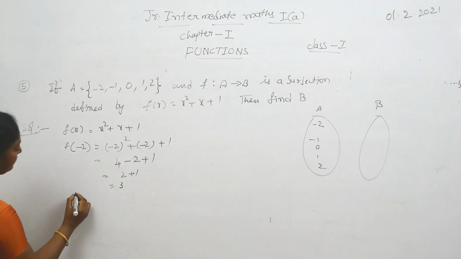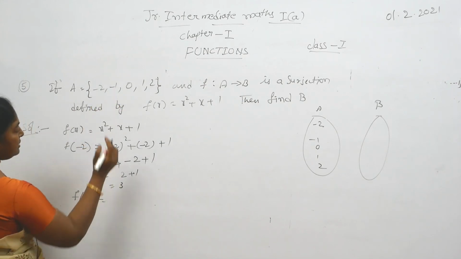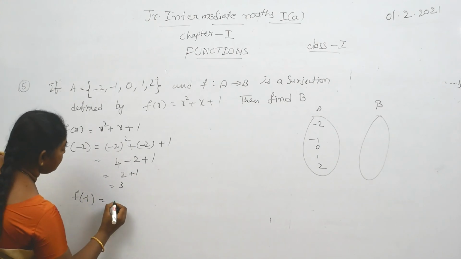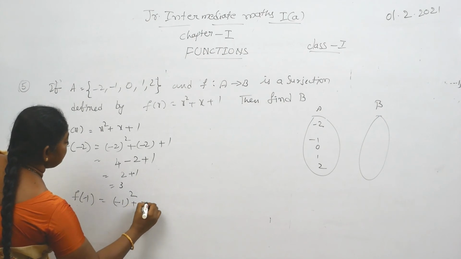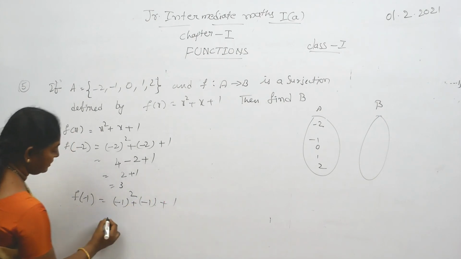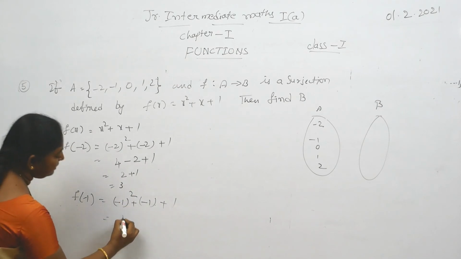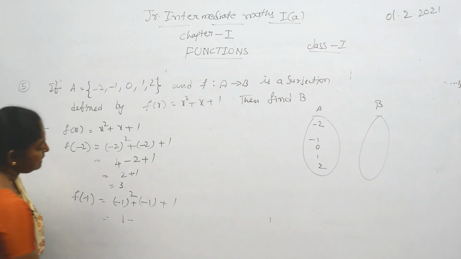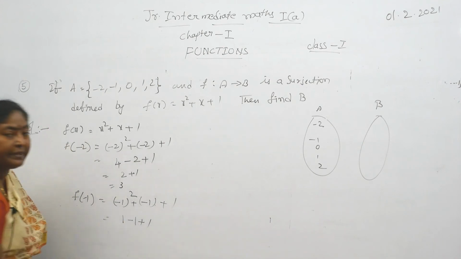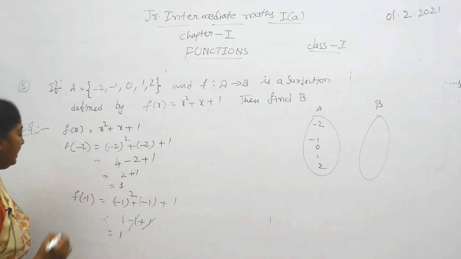Next, f of minus 1, substitute in this expression. So (minus 1) whole square plus minus 1 plus 1. So here (minus 1) whole square equals 1, and plus into minus equals minus 1 plus 1. So minus and plus get cancelled, so we get 1.